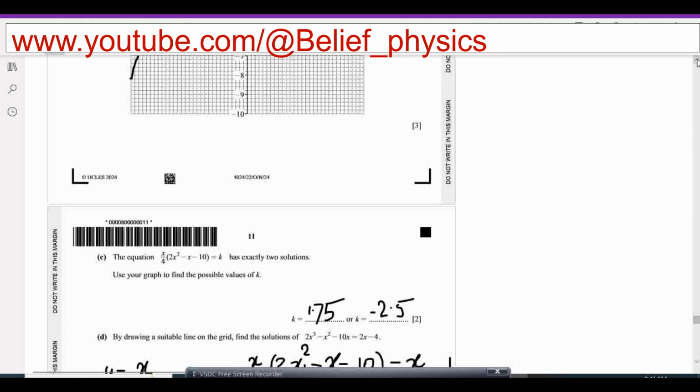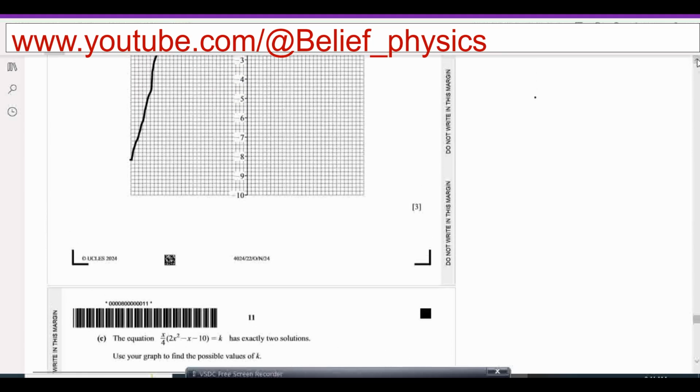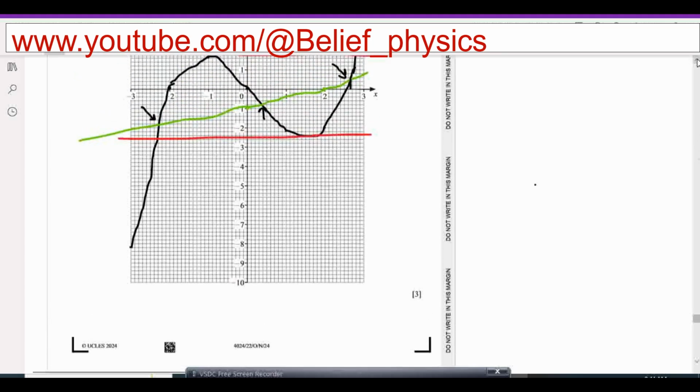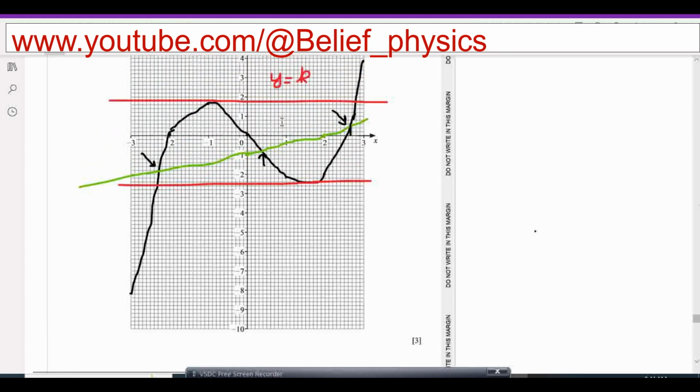A line parallel to the x-axis intersects at 2 points at the peaks, because anywhere else it will intersect at 3 points, and if we are above this, it will intersect at only 1 point. Where these maximum peaks are, we draw a line parallel to the x-axis and it intersects at 2 points. Tangent here is one point.